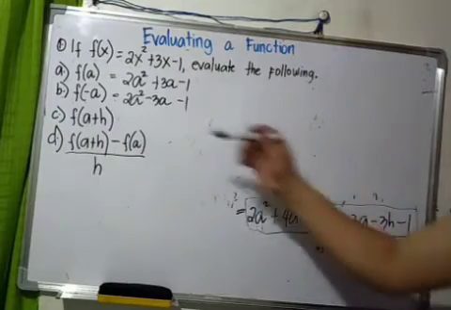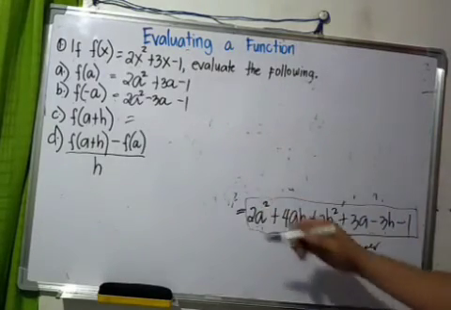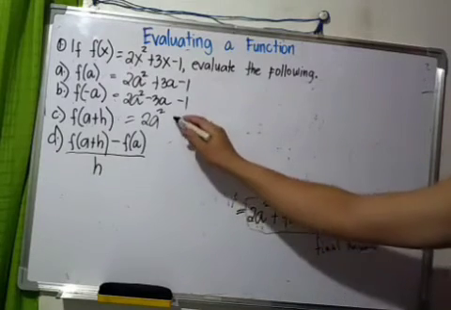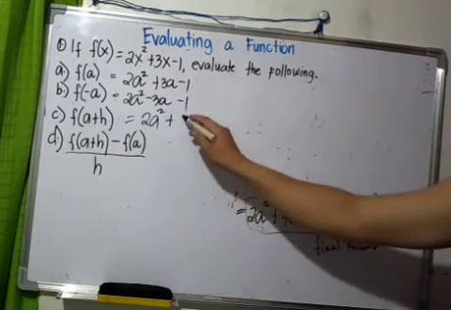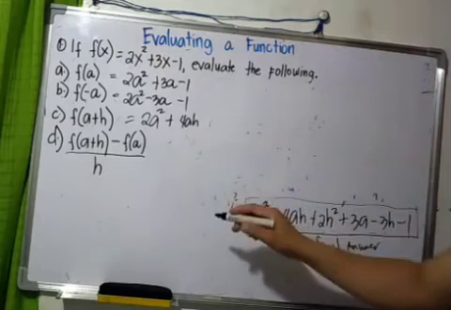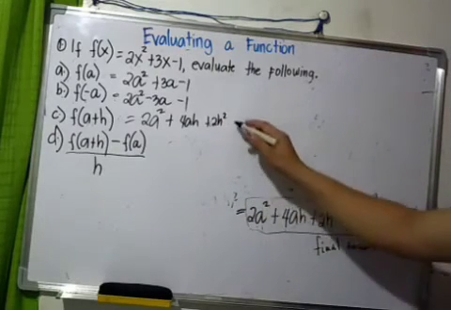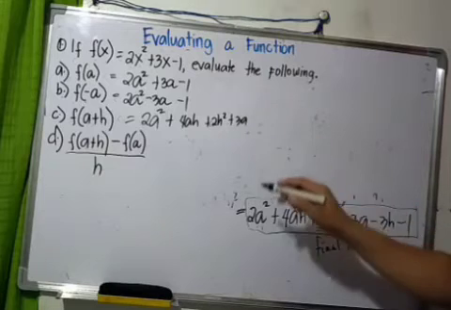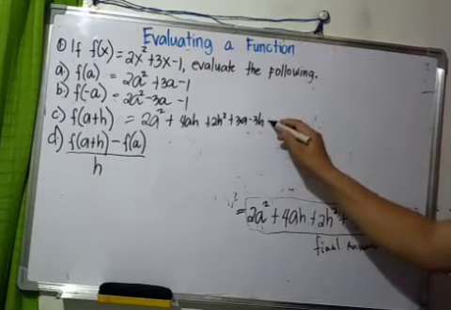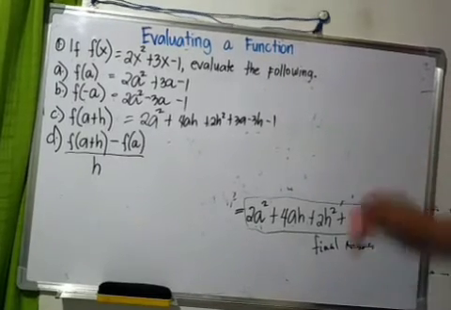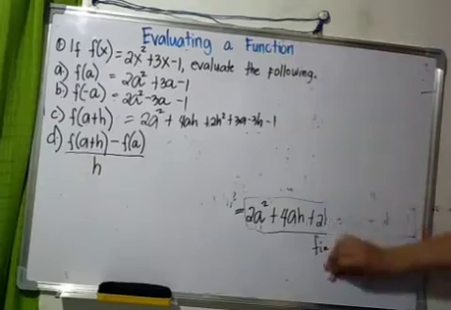So, letter C, the answer is 2a squared plus 4ah plus 2h squared plus 3a minus 3h minus 1. Okay, next, how about for letter D, ang last natin.